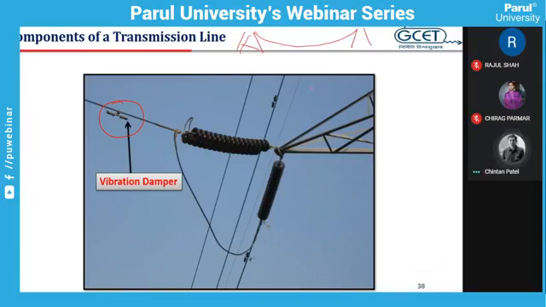There is wind flowing throughout the day, and because of this wind, there are vibrations in the line conductor. And if these vibrations reach the mechanical joint of conductor and insulator repetitively, it may mechanically damage the joint, and it may cause severe damage to the transmission line.